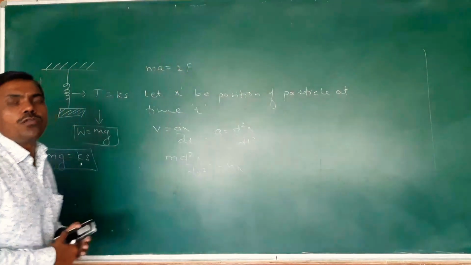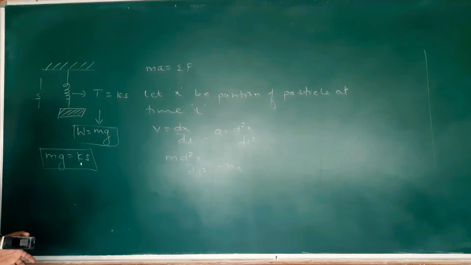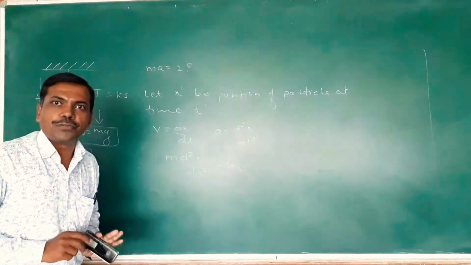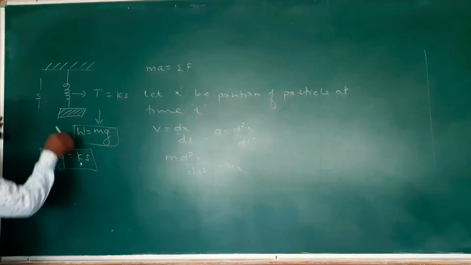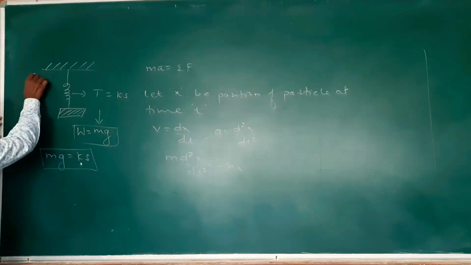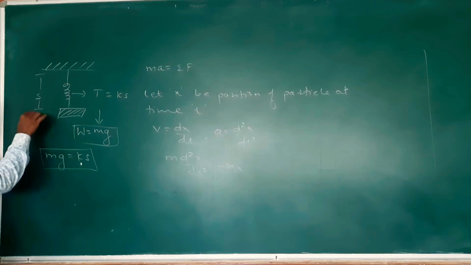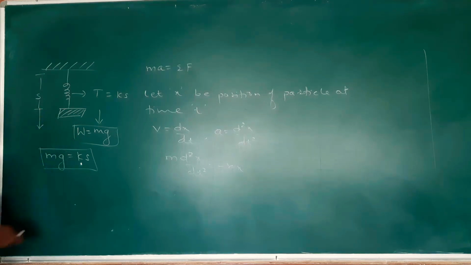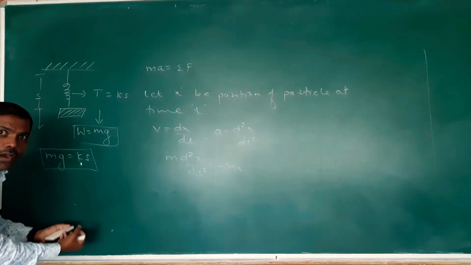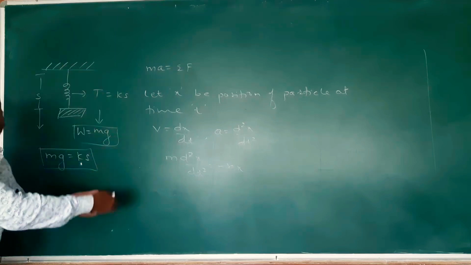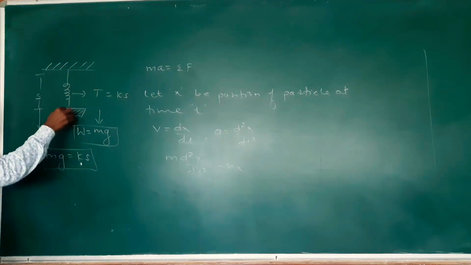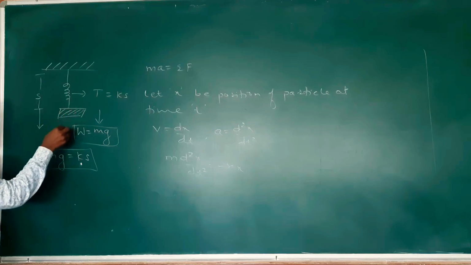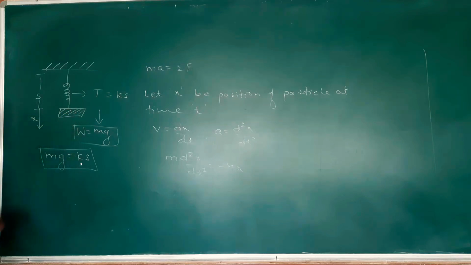We will find the total force acting on the body, and then we will return to this equation. Here at equilibrium the distance is s. Now again I extend it, because whenever I pull it down and release, it goes up and down, right? So I pull it down, which means my x is below the equilibrium position.